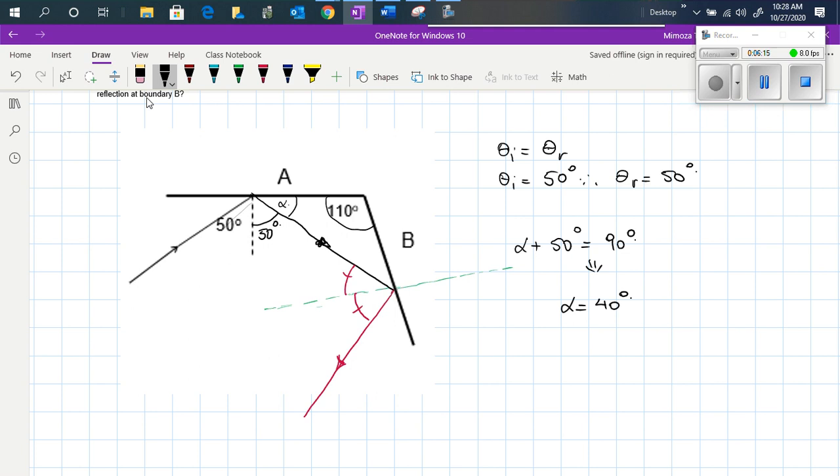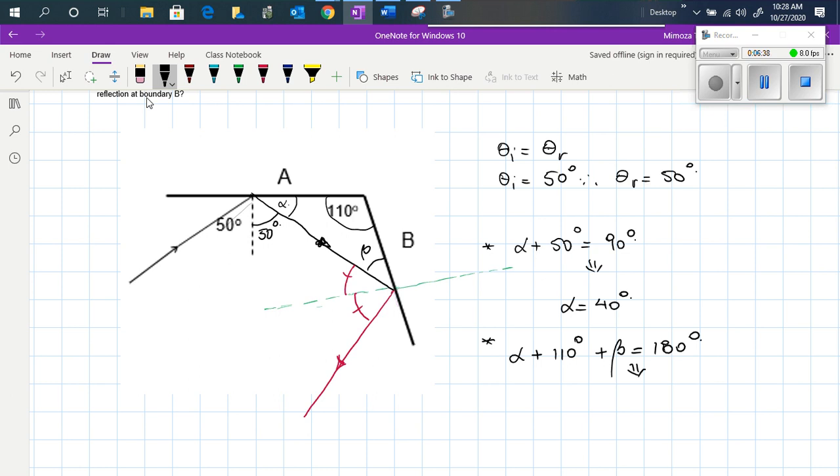Then it is found based on the fact that the sum of inside angles in a triangle is 180 degrees. So we will have this angle alpha plus 110 degrees plus angle beta equals 180 degrees.